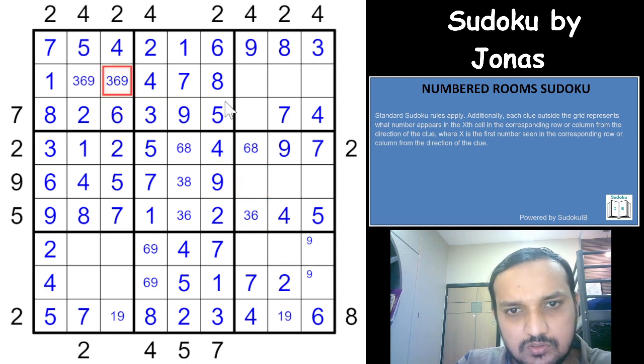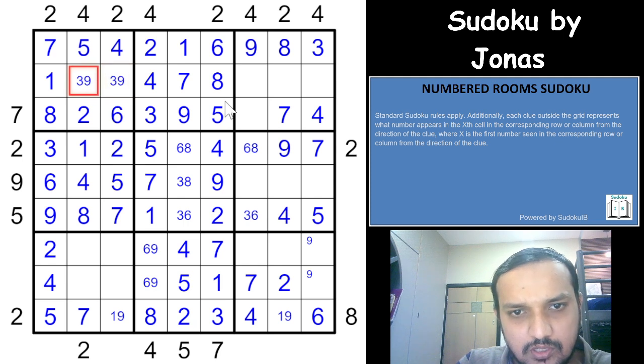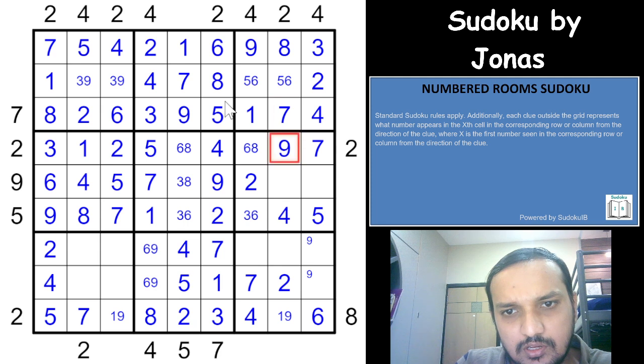This is 6. That is 3 and 9 now. And that gives you a 1 here. That gives you a 2 here. 2 here. 5, 6 in any order.